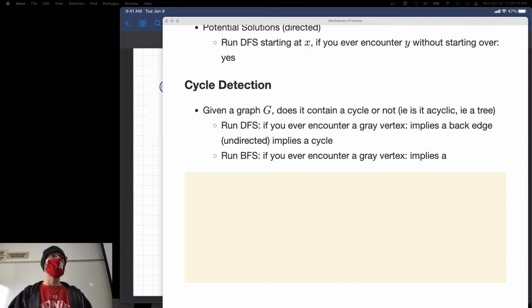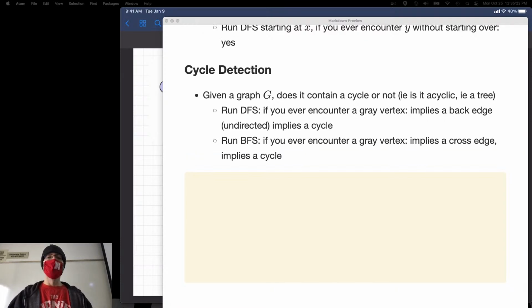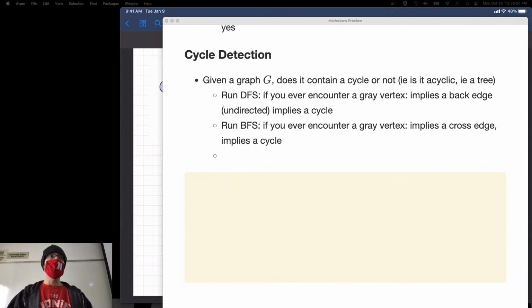Remember, there are no back edges or forward edges in the undirected case for BFS. Instead, it implies a cross edge, which implies a cycle. So now let's think about the directed case. What's one way that you could do this? Don't worry about cross edges, back edges, forward edges.